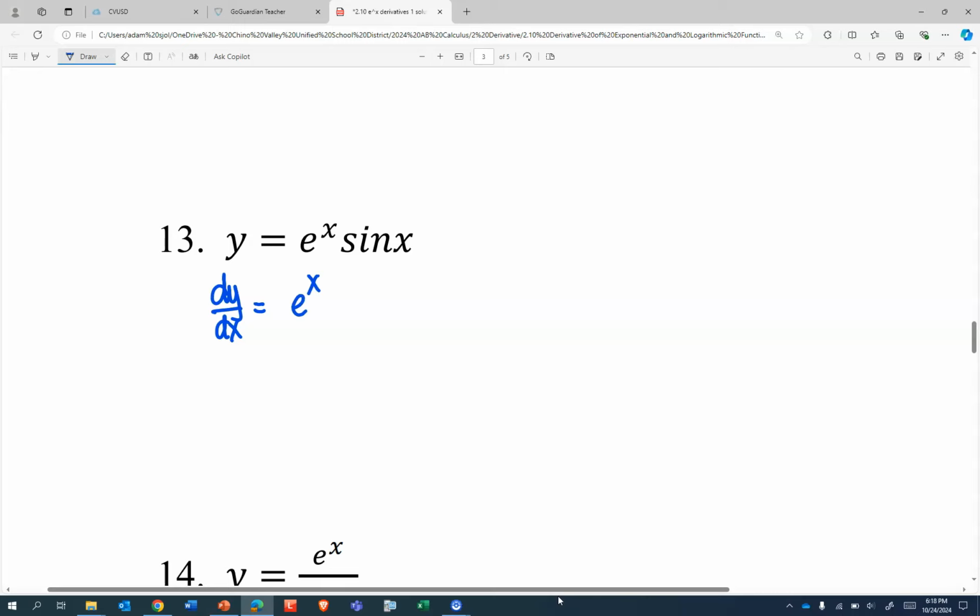The derivative of a product of two functions is the first function times the derivative of the second function. The derivative of sine is cosine, plus the second function sine of x times the derivative of the first. And we'll go ahead and rearrange e to the x times cosine of x plus sine of x.